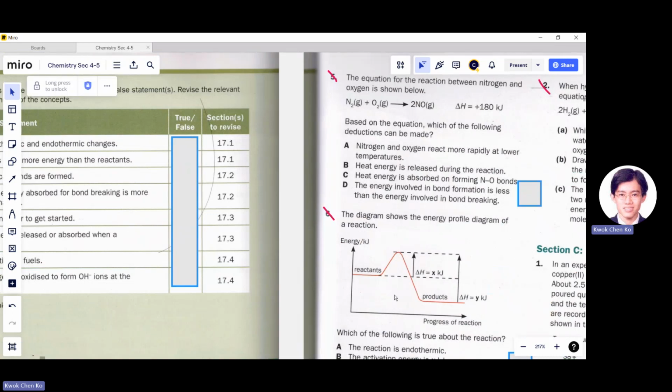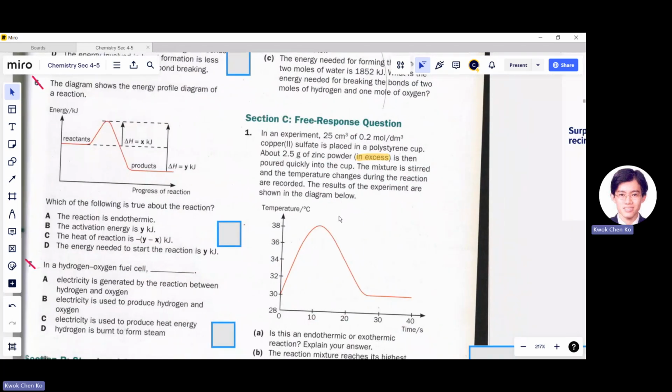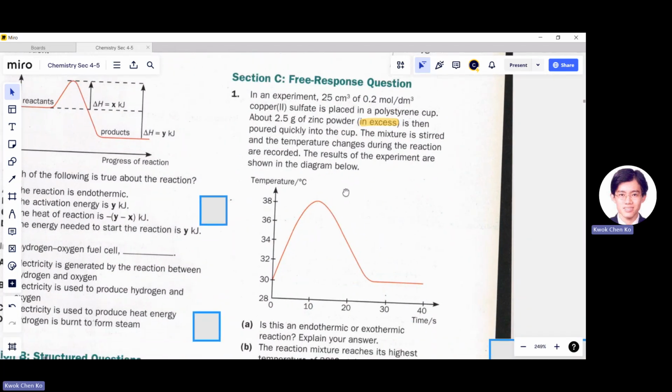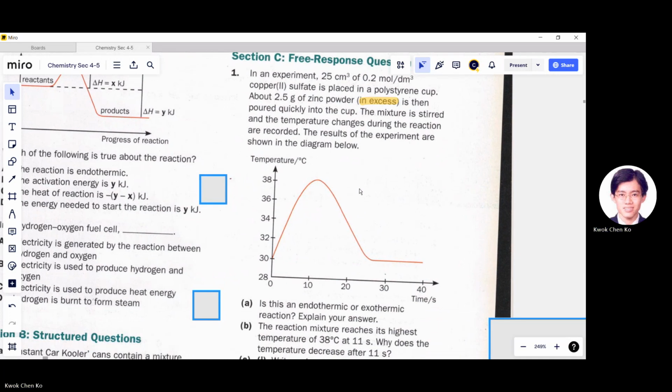Activation energy is reacted at right. Section C, question 1, right? The graph is turning. Now, what happens to the temperature?